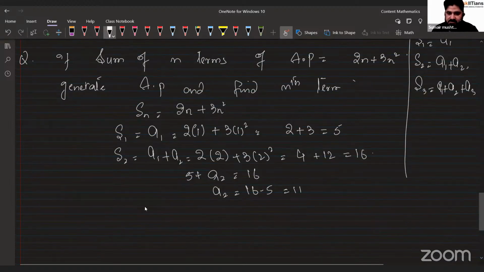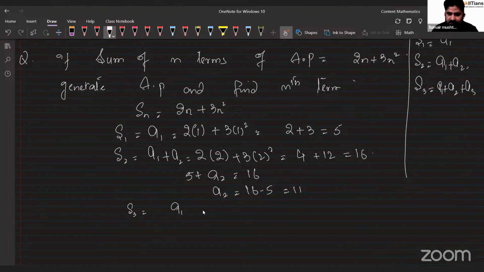See, there are two ways. You can do S3, that is A1 plus A2 plus A3, or I can say S2 plus A3. That is equal to, give the value of n as 3: 2 into 3 plus 3 times 3 square, right? That's 27 plus 6. No, no, no, Zahid.